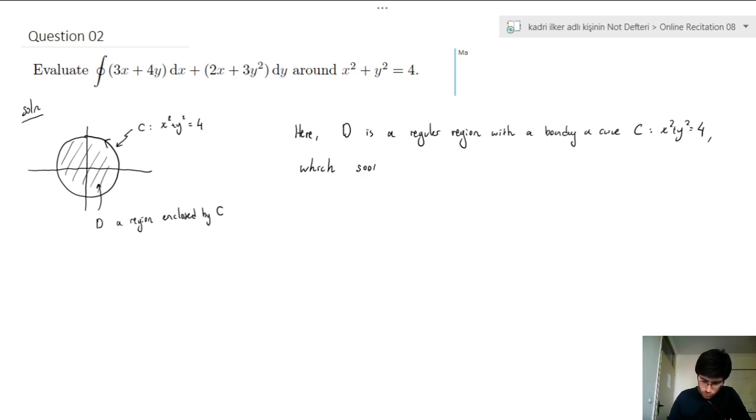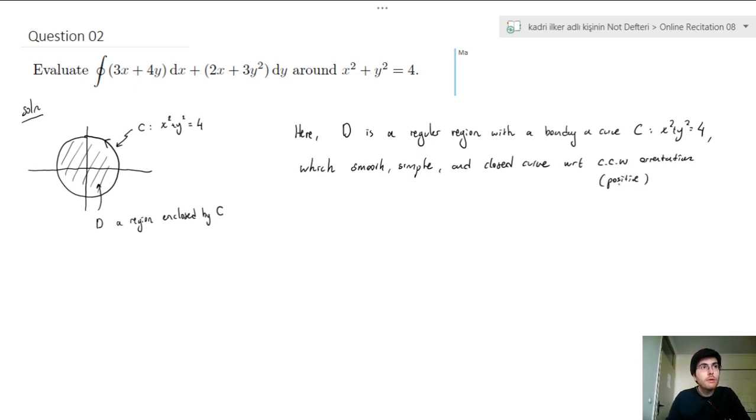This is a smooth, simple, and closed curve. C has those properties with respect to positive orientation, or counterclockwise orientation.